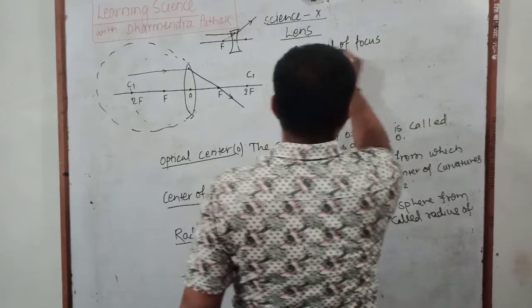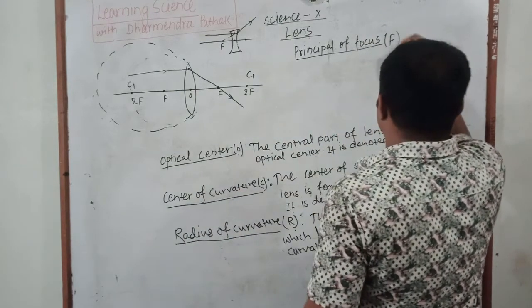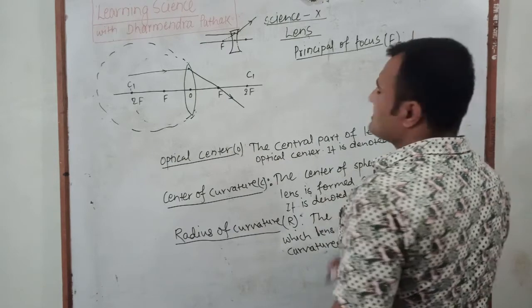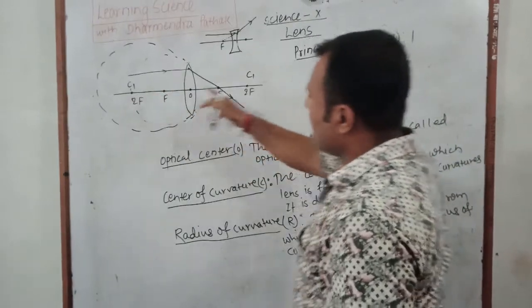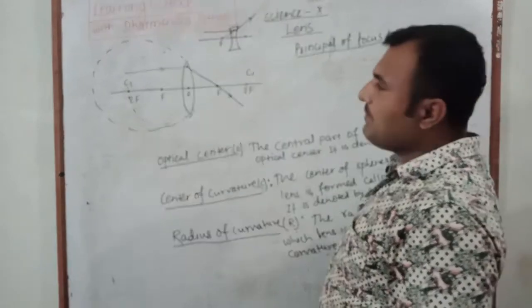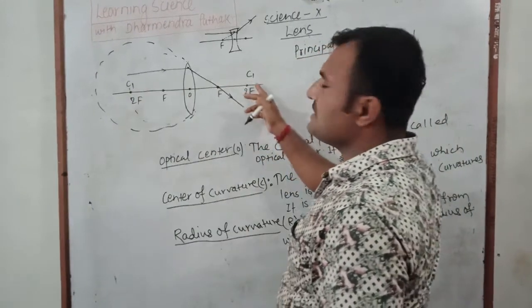It is denoted by F, and that focus lies on the principal axis, or the line passing through C1 and C2.